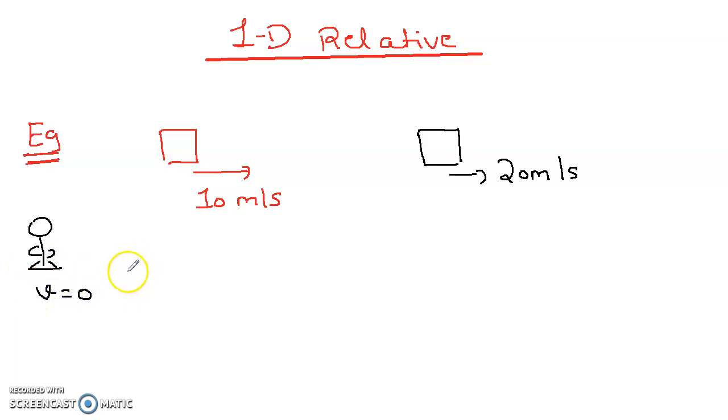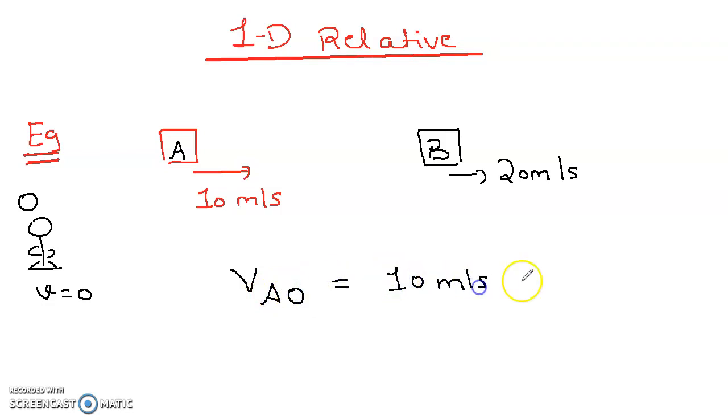So we shall name them A, B, and this one is observer O. What is the velocity of A with respect to the observer? You would say 10. If it's moving along the horizontal x-axis, 10 i cap. What is the velocity of B with respect to O? Now you would say 20 i cap meter per second.